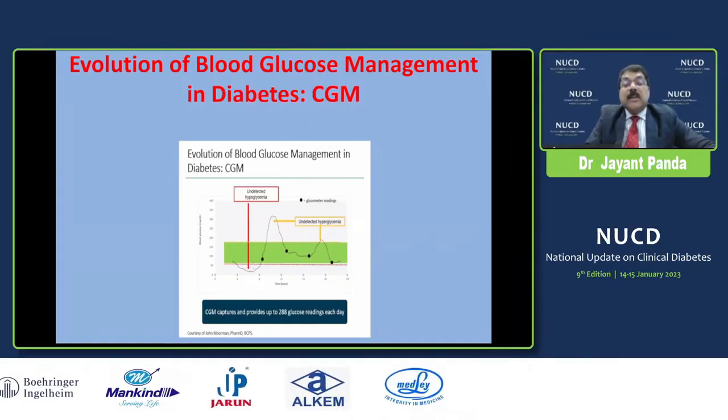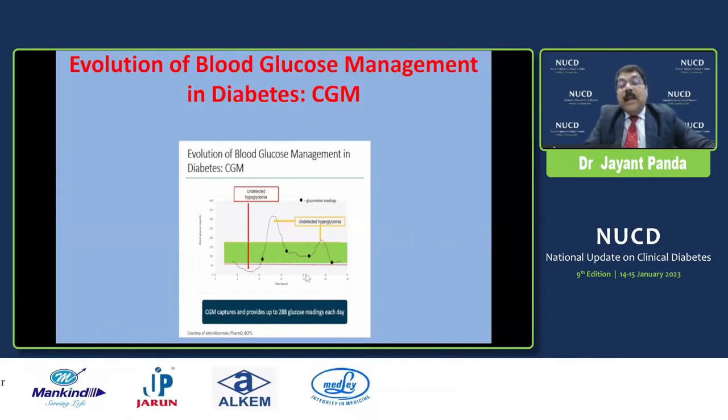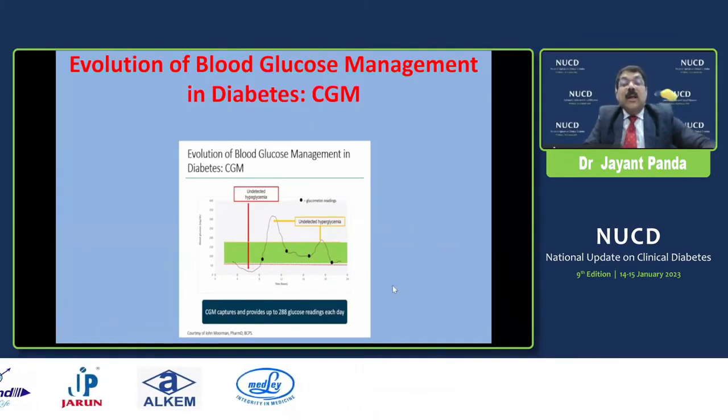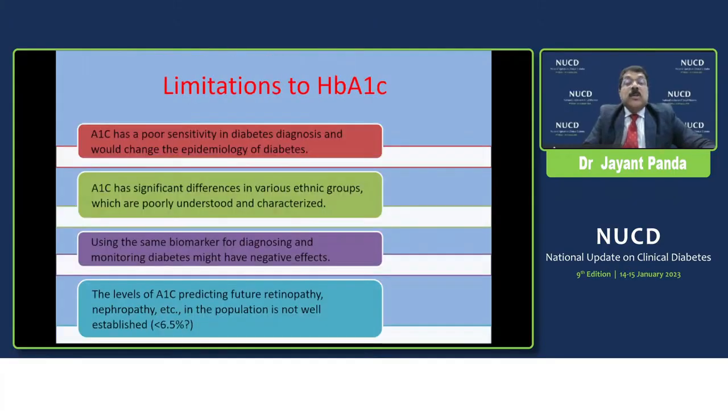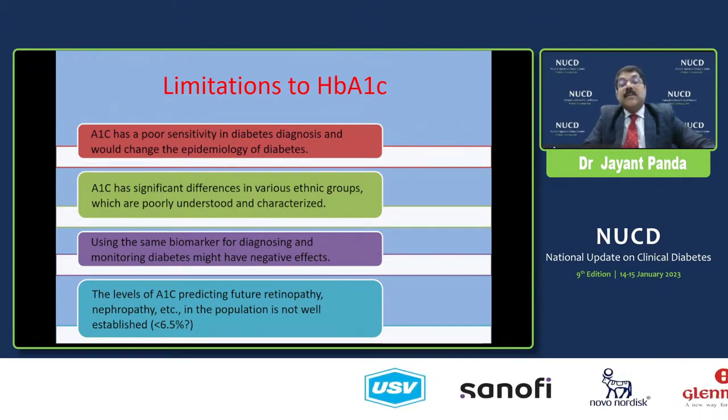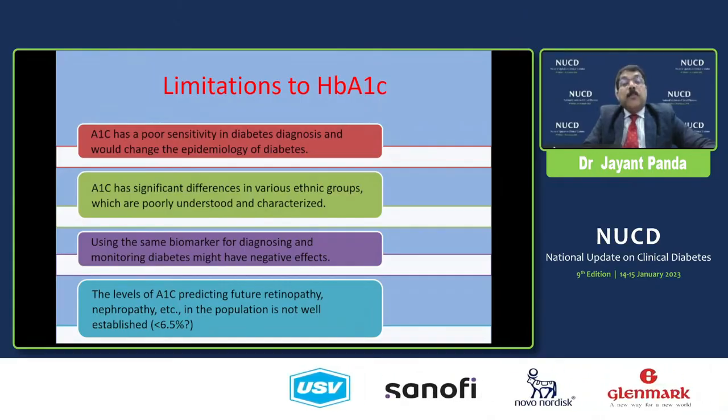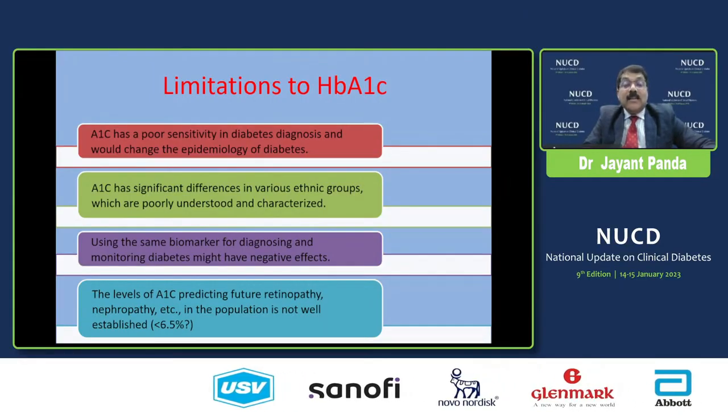So in the tracing, the blood glucose can go above or below, and the CGM captures and provides up to 288 glucose readings each day, which detects these fluctuations, which is practically not possible by SMBG or A1C. A1C has poor sensitivity in diabetes diagnosis to change the epidemiology of diabetes. And A1C has significant differences in various ethnic groups which are poorly understood and characterized.